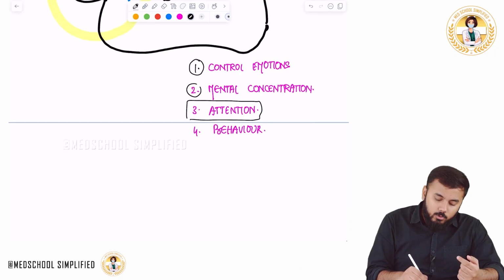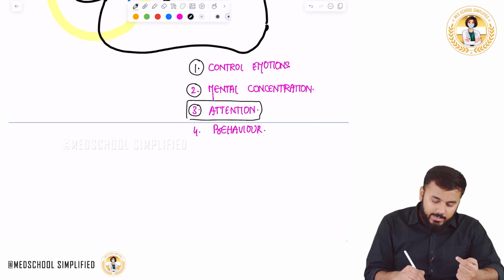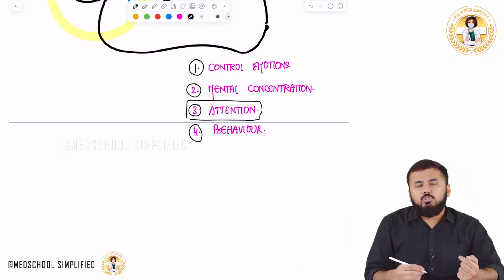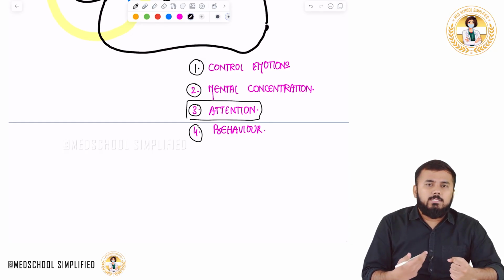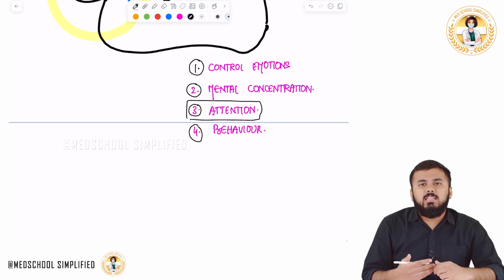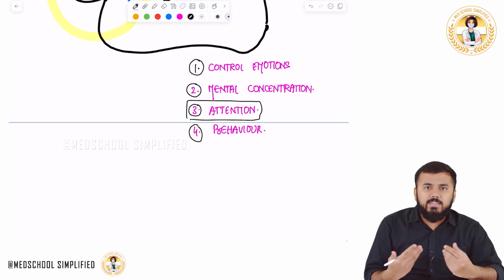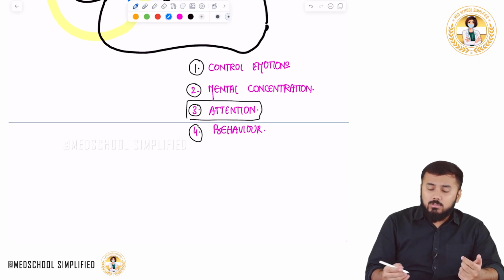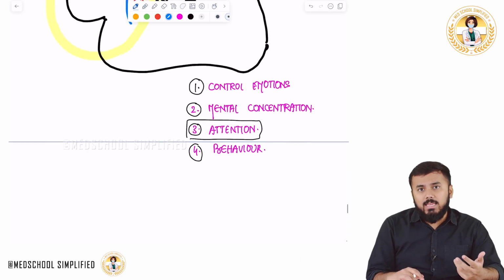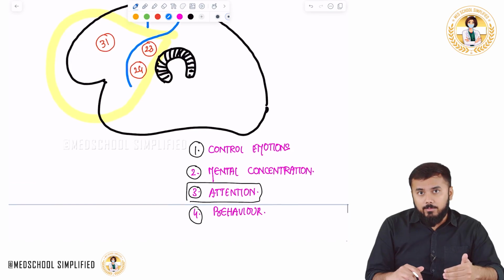So controlling the emotions, mental concentration, attention, as well as behavior. So most of the medico-legal problems, let us say the murders, the thefts, the fights, whatever it might be, will happen if there is any kind of disorder to this area, right?